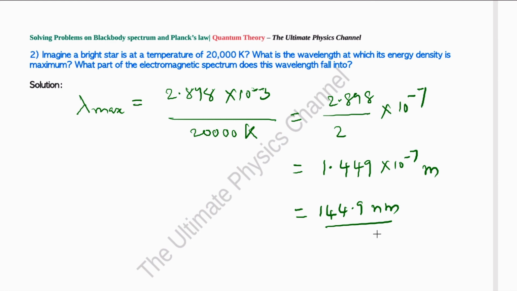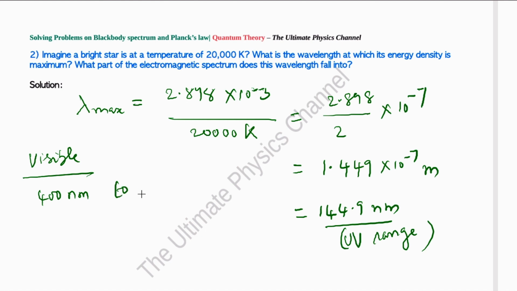Right, so this falls in the UV, ultraviolet range of the electromagnetic spectrum. We know that typically the visible range in the EM spectrum is from about 400 nanometers to about 750, 800 nanometers, or even 900 nanometers.